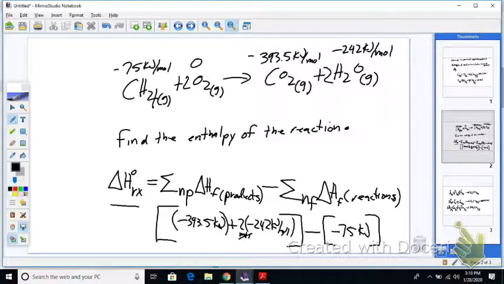But when we're all done, and you've done the calculation, that all should equal negative 802 for that reaction. Is that what you get? You can double check my math. That's it. That's what I got.